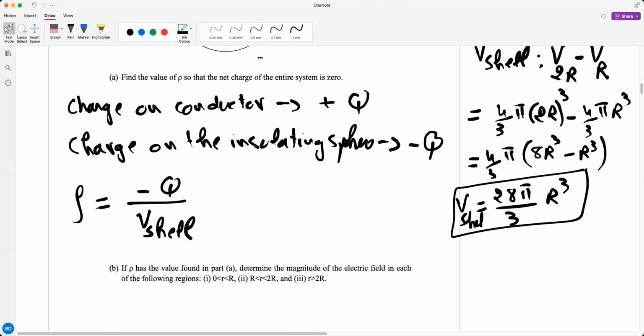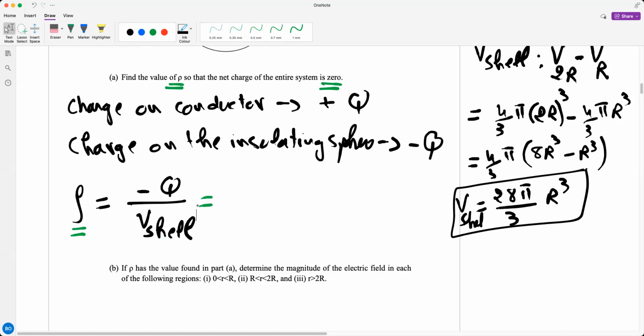Okay. So now we have everything. We have the volume. What we want is the charge. This is the question: calculate the volume charge density on the insulating shell so that the total charge of the system is 0. So we have found that the charge density must be equal to minus Q over the volume of the shell.